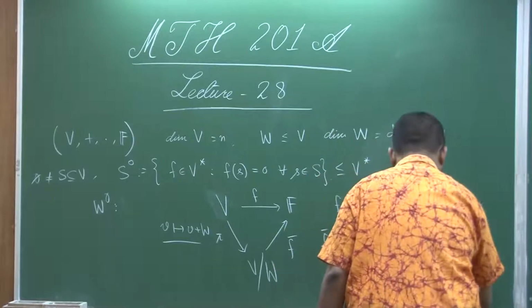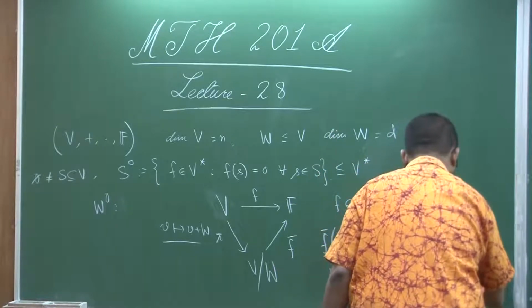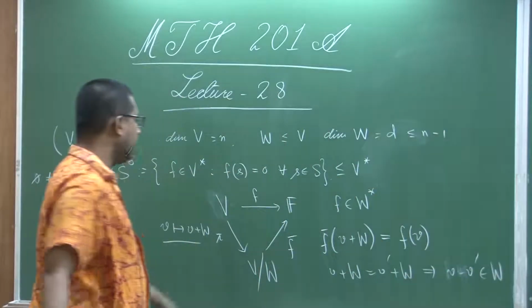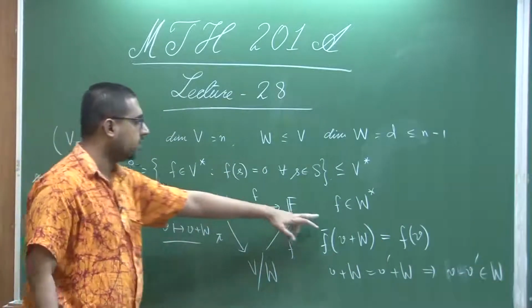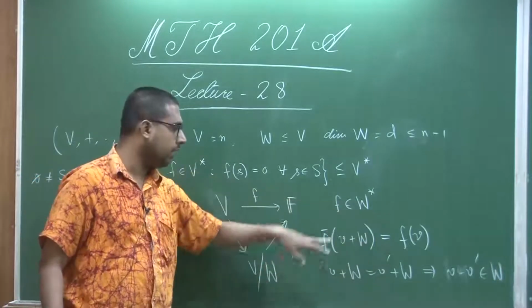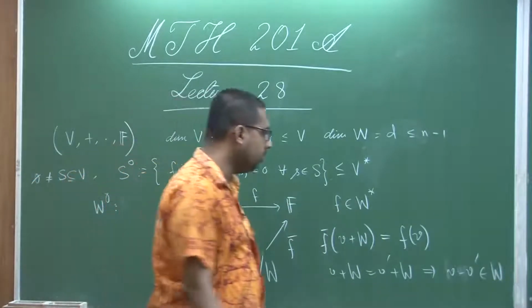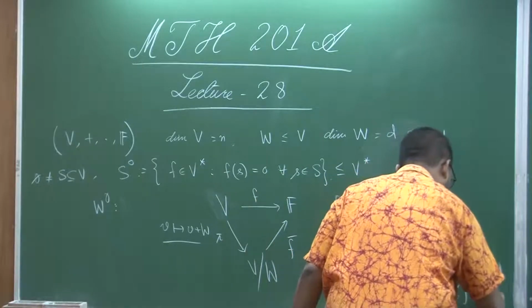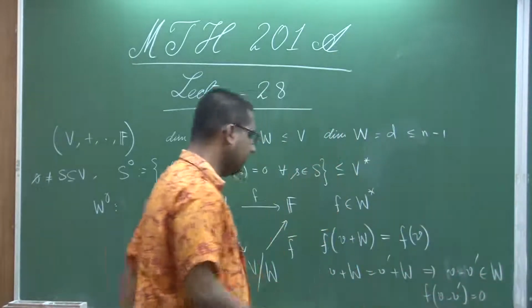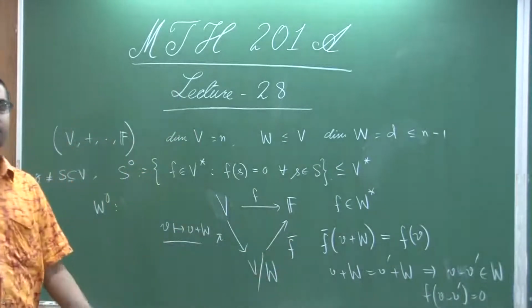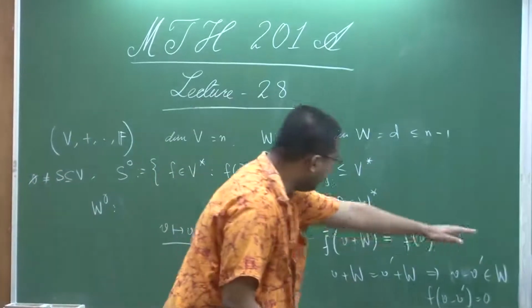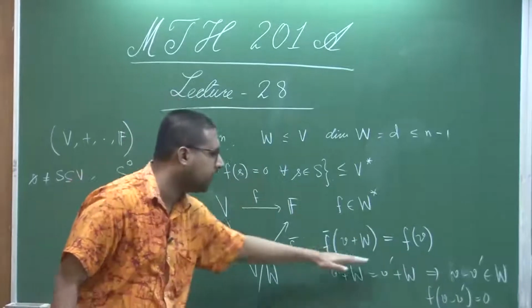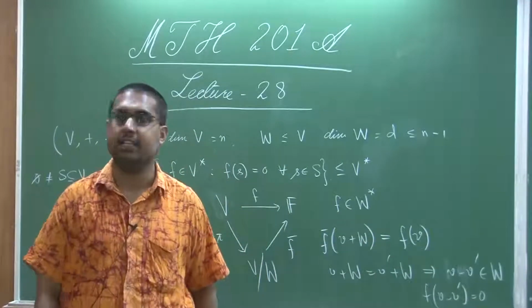Then v minus v dash lies in W, but f vanishes at every point of W. So, therefore, f of v minus v dash is going to be 0. So, f v equals f v dash. This shows that it is indeed well defined, and from the linearity of f it will follow that this f bar is linear.